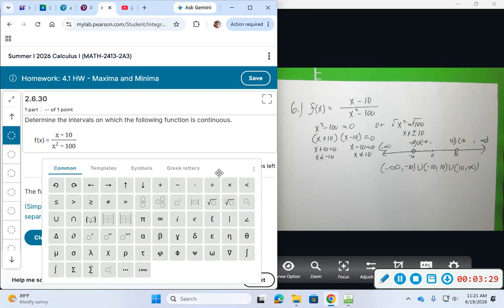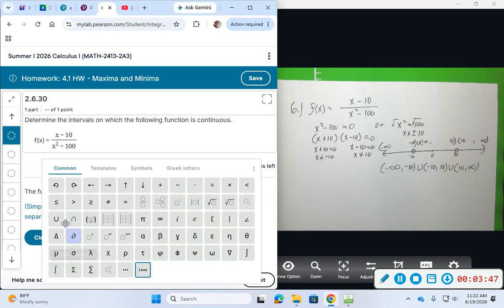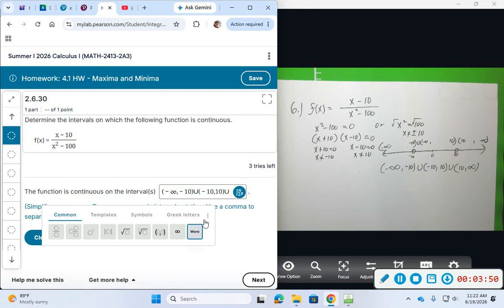I think we want to use the union. Negative 10 to 10. And then our last part, 10 to infinity.